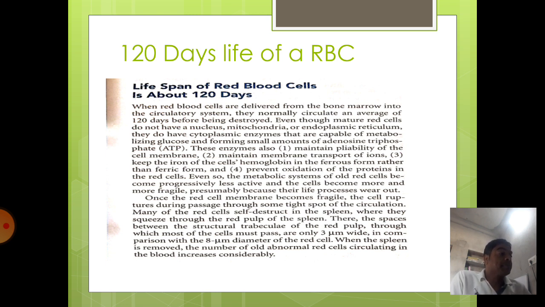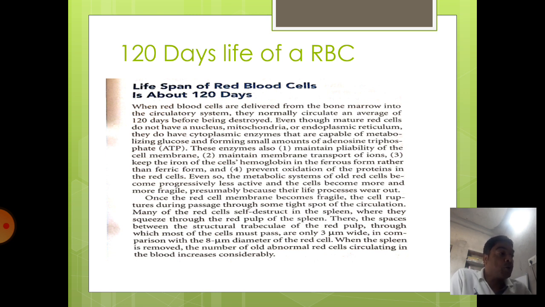They are capable of metabolizing glucose and forming a small amount of adenosine triphosphate, ATP. These enzymes also maintain the permeability of the cell membrane and the membrane transport of iron. They keep the iron in the cell's hemoglobin in the ferrous form rather than in the ferric form, and prevent the oxidation of the proteins in the red cells.